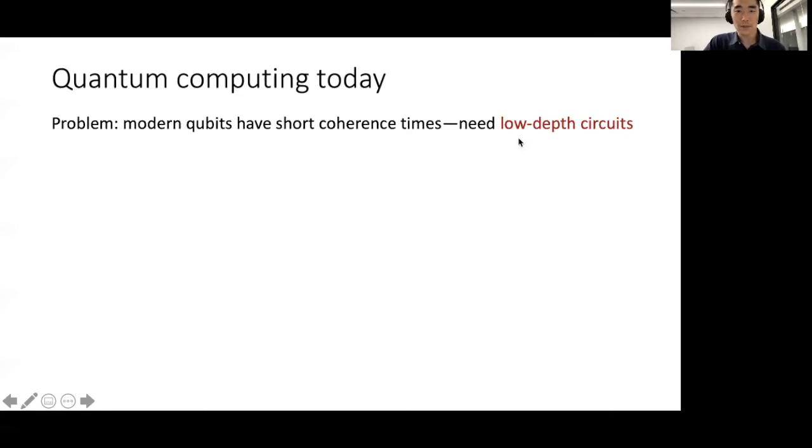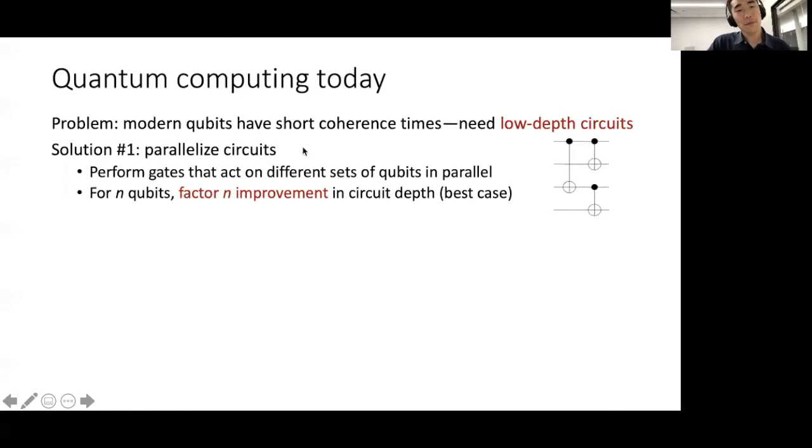So one possible way of addressing this problem is to parallelize the circuits, in particular to implement gates that act on different sets of qubits in parallel. And if you do this, you can get at best a factor n improvement in your circuit.